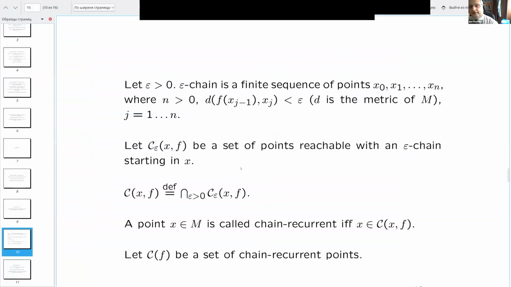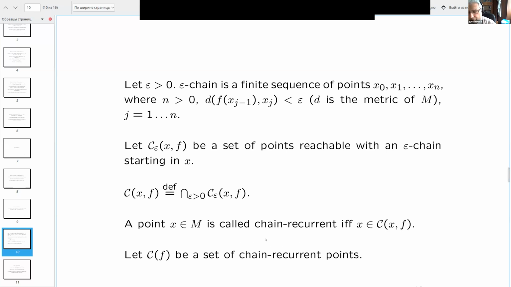And we can define a set of reachable points, and we can take the limit of epsilon towards 0, and we can define chain recurrent points.